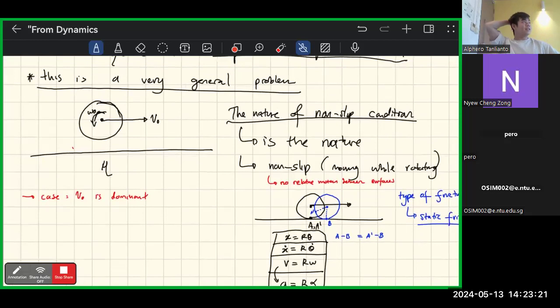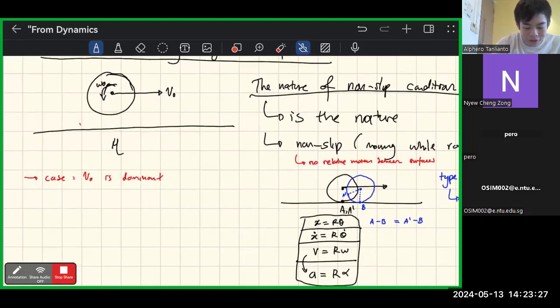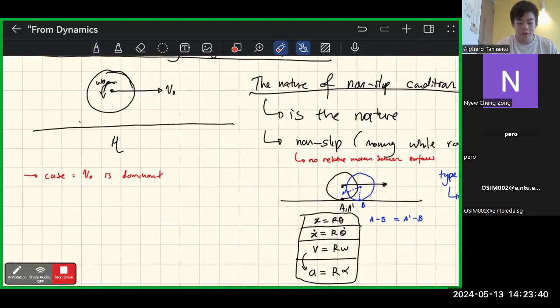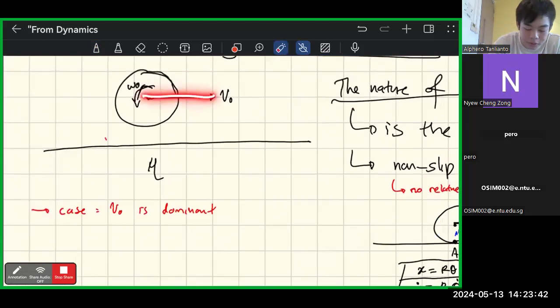So V naught is dominant. I say V naught is dominant. If V naught is dominant, it will eventually go into the non-slip condition moving to the right. Okay? Because why? If V naught is dominant, the friction will counteract V naught.